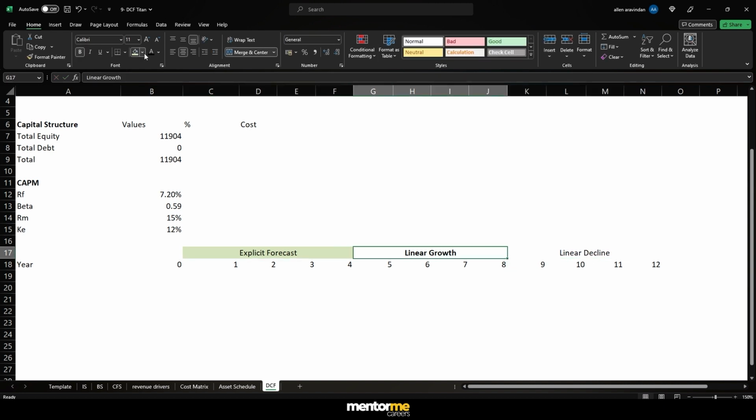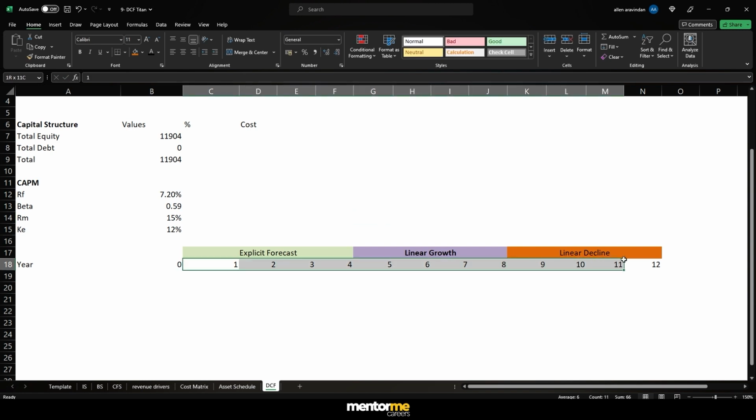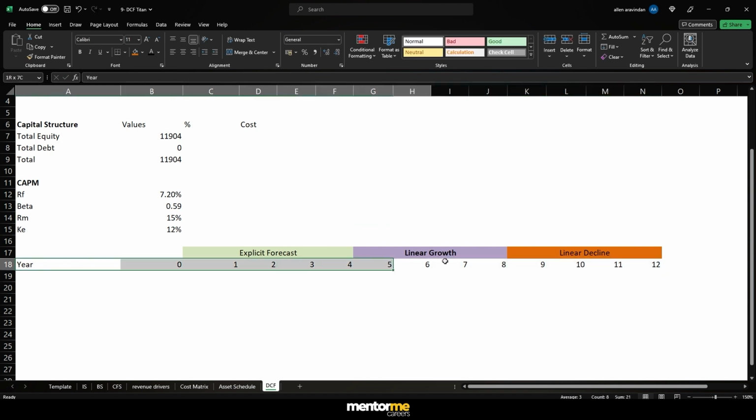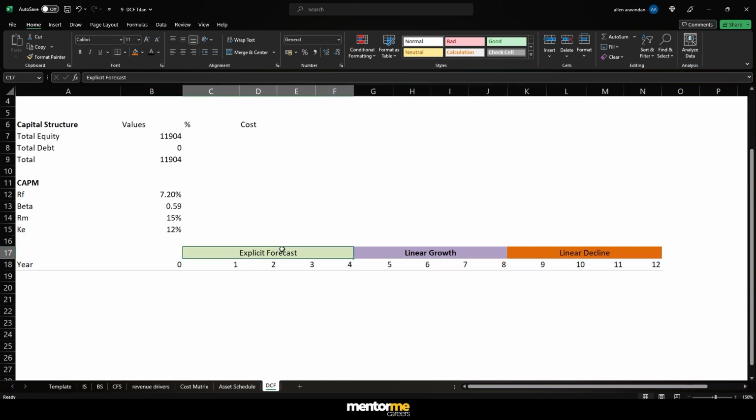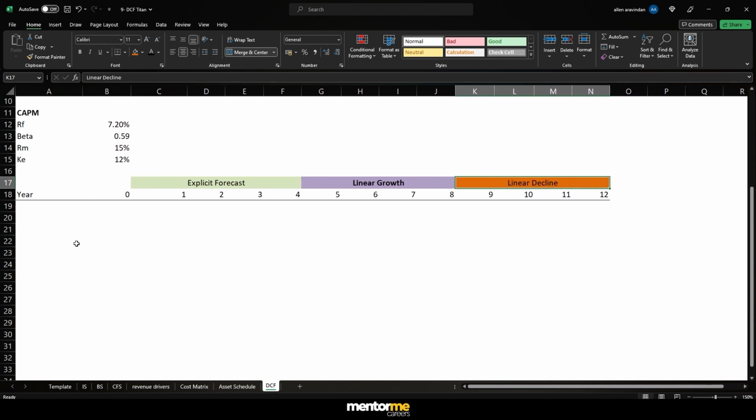So let's put some colors so it is easily understandable, right? So that's your basic timeline in terms of the model. A mature company will just be explicit forecast and linear decline, right? In case of a growing company like Titan, which is far from being a mature company, we will be taking the three-stage model.